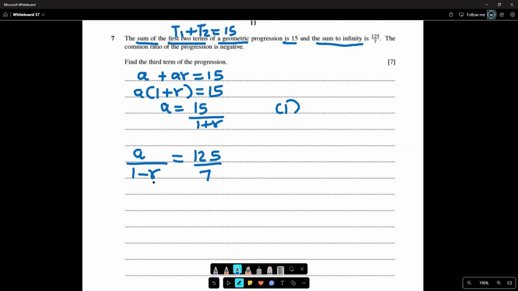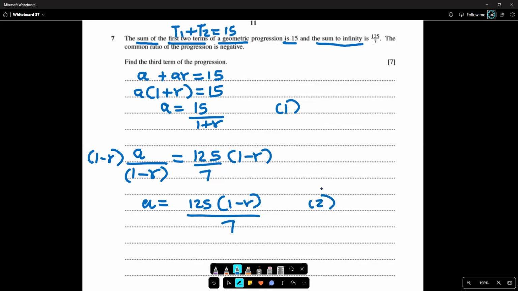Let's also make A the subject of the formula here. Quickly. So I'm just going to multiply both sides by 1 minus R. So A is the same as 125 in bracket 1 minus R over 7. That is equation 2.